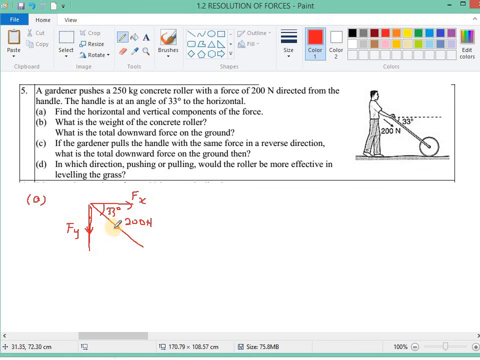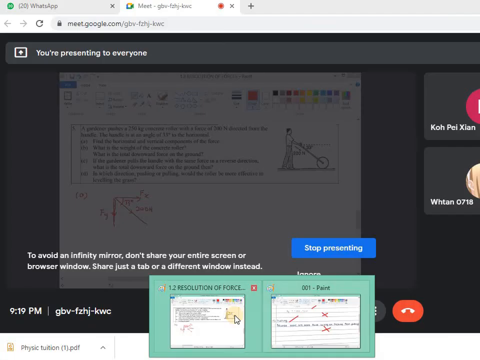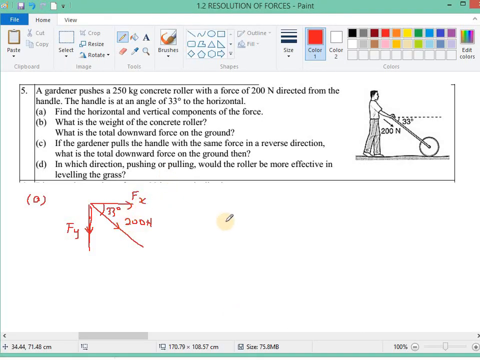Okay, so this Fx is the adjacent, because if we draw a parallelogram, then it will look like this. This is the Fx, this is the Fy. This is the 200 Newton, this is the 33 degree.